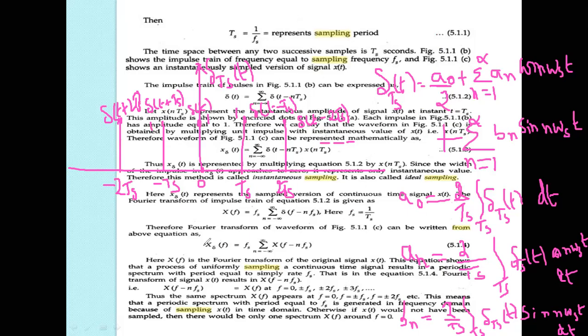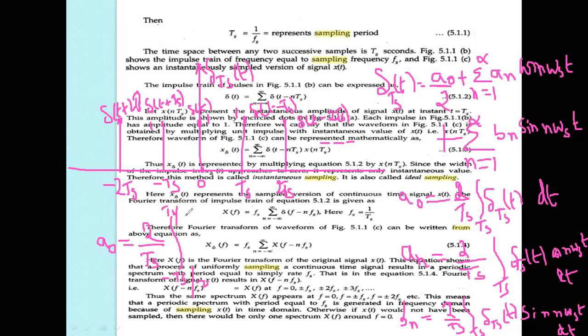Now, to find a naught, a naught is equal to 2 by Ts integral in the range between minus Ts by 2 to Ts by 2.